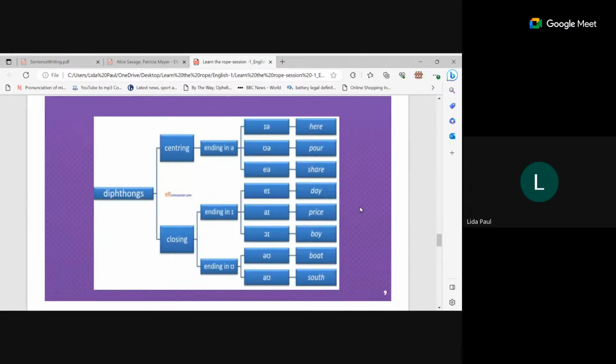Now we move on to diphthongs. Okay, now diphthongs, like I told you, what are diphthongs? They are basically a combination of 2 vowel sounds. Now about whether diphthongs are long or short, you don't consider them either long or short, let it be. Diphthongs are actually a different kind of sounds by themselves.